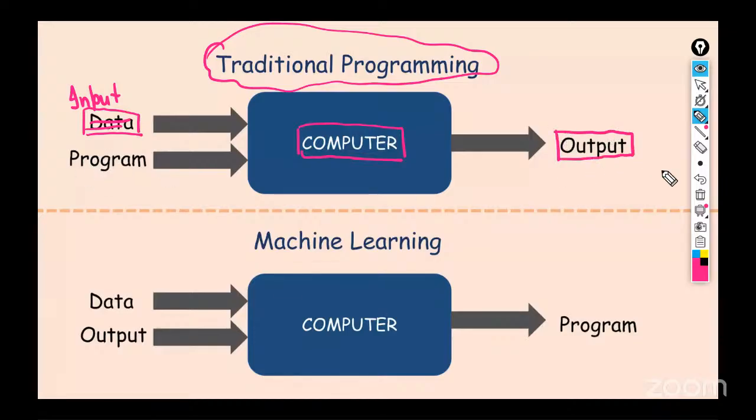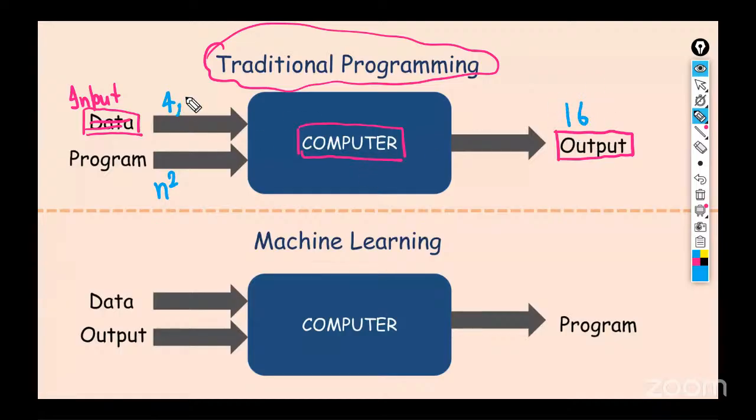Let's take one example. Say you give the input 4 and the program n square. You give it to the computer and you get the result 16.